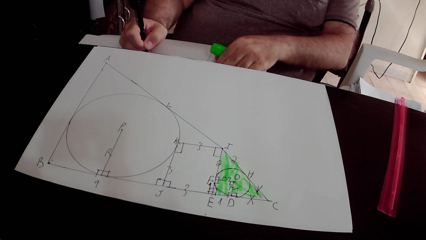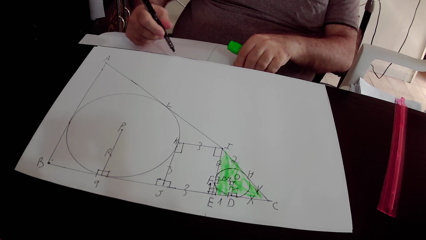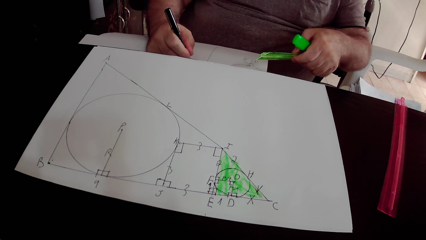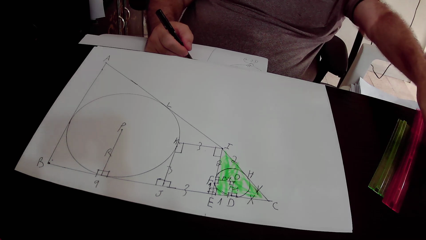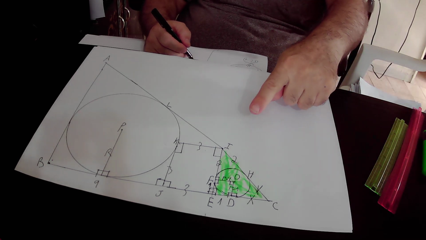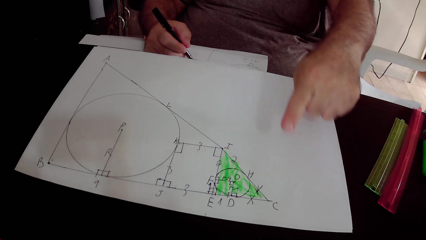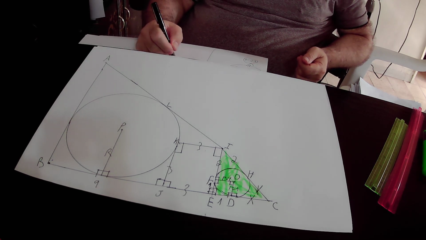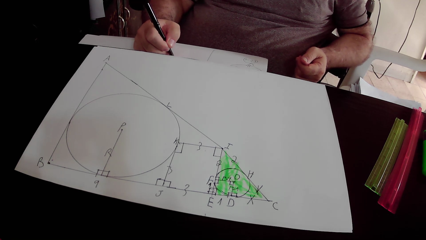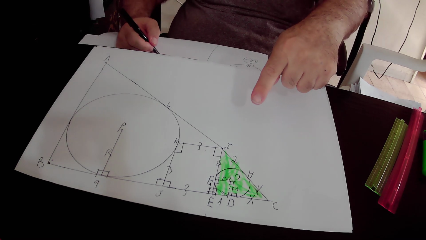According to the Pythagoras theorem, the square of the hypotenuse equals the sum of the squares of the perpendiculars. The hypotenuse is IC, therefore the square of the hypotenuse is IC squared, and it must be equal to the sum of the squares of the perpendiculars.